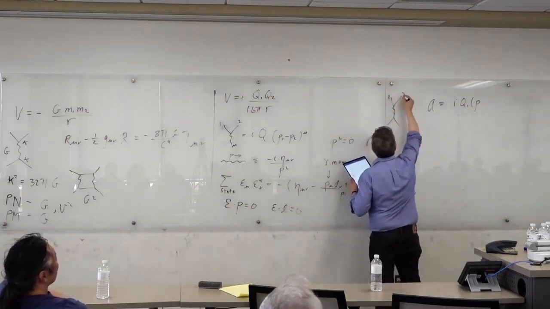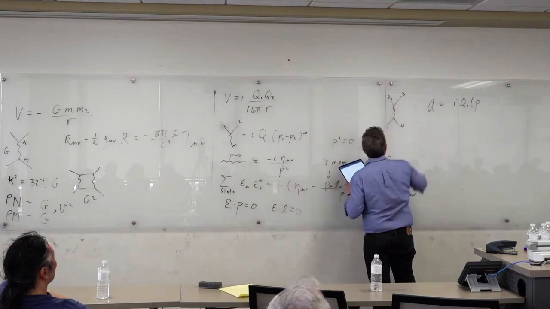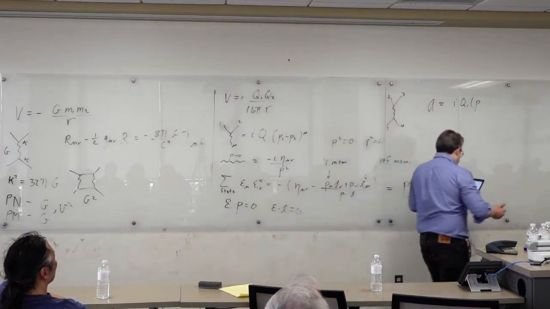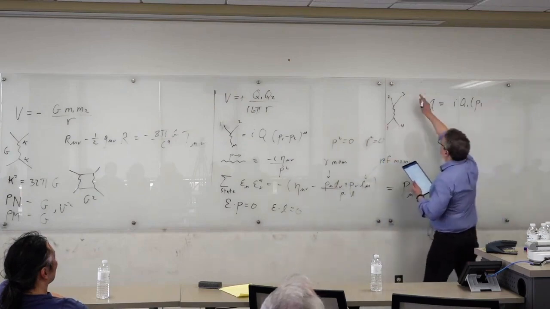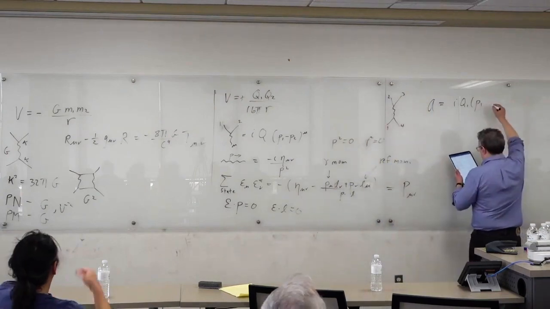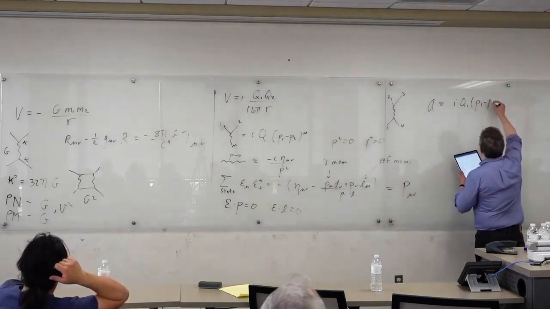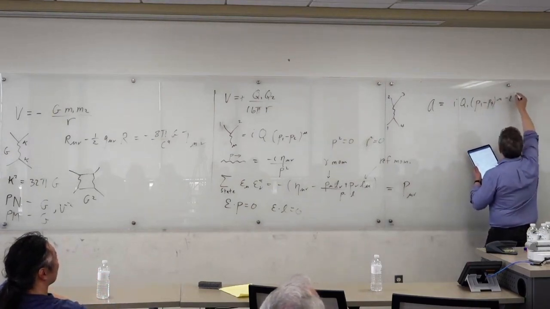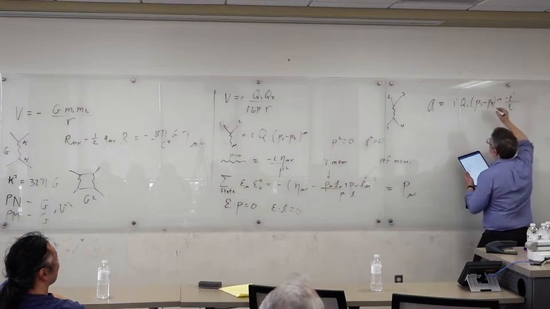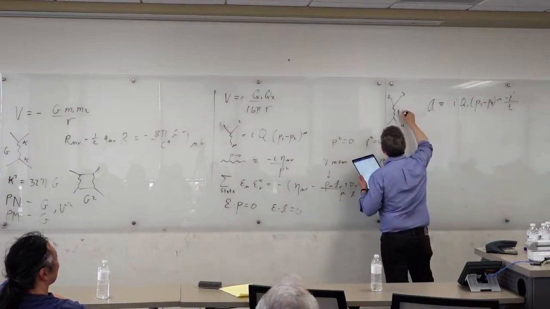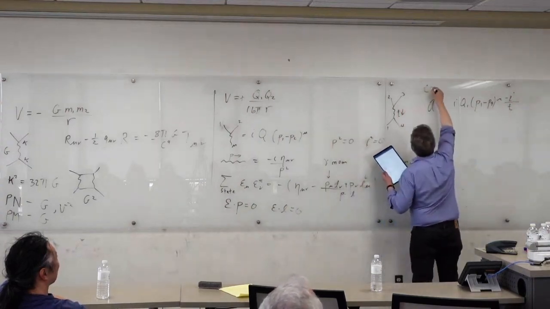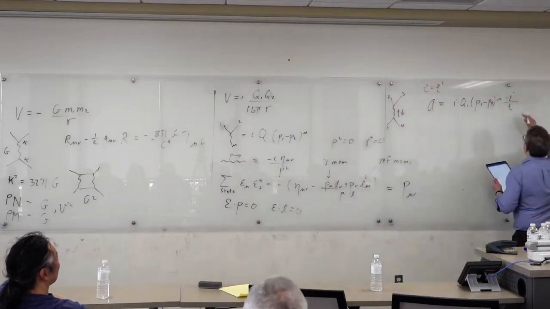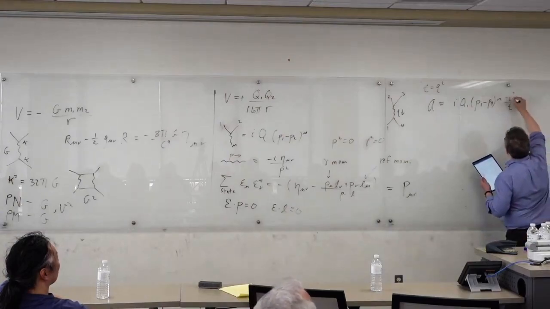That's 2 and 3 and 4 and 1. I'm going to use an all outgoing convention. All the momenta are going out. So iQ1 (P1 minus P4)^mu, minus i over t, where t is going to be equal to q squared.